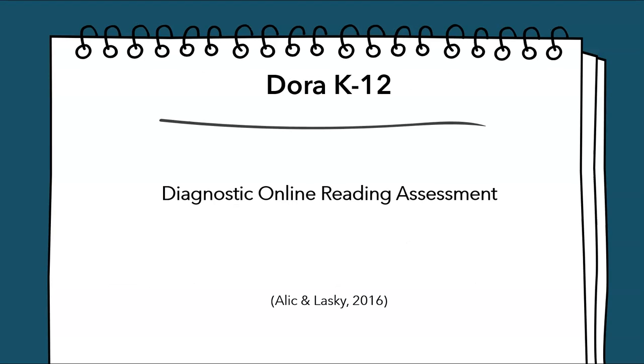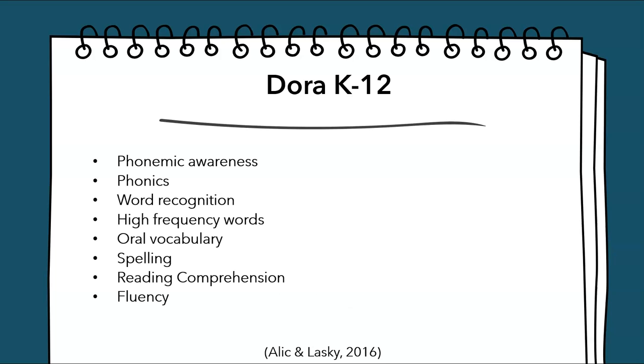The DORA K-12 series is the diagnostic online reading assessment, and it's given to students in kindergarten through 12th grade. There are 8 subtests that evaluate reading skills, and these cover phonemic awareness, phonics, word recognition, high-frequency words, oral vocabulary.